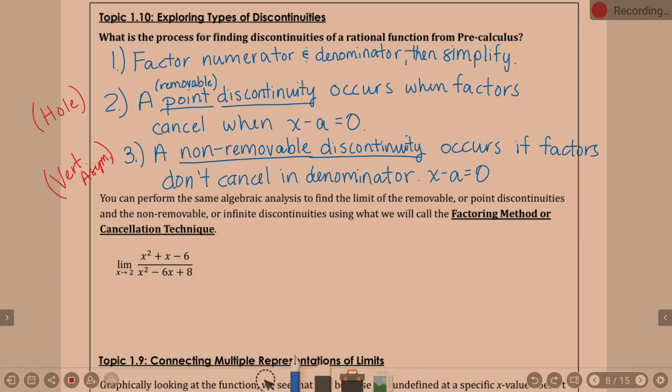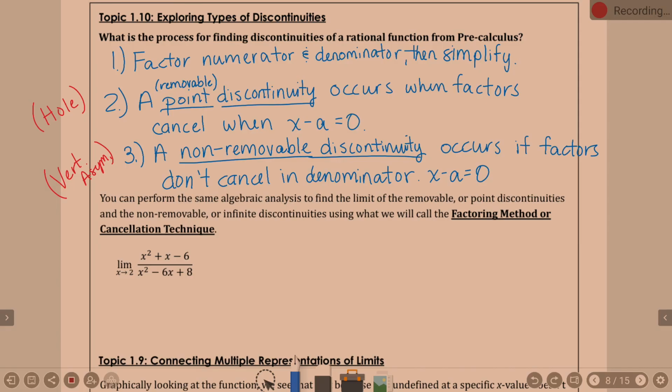You can perform the same algebraic analysis. This was kind of what we did when we were trying to graph something, looking at our discontinuities. You can perform the same type of algebra to find the limit of the removable or point discontinuities and the non-removable or infinite discontinuities. That's another word I should probably put up there.